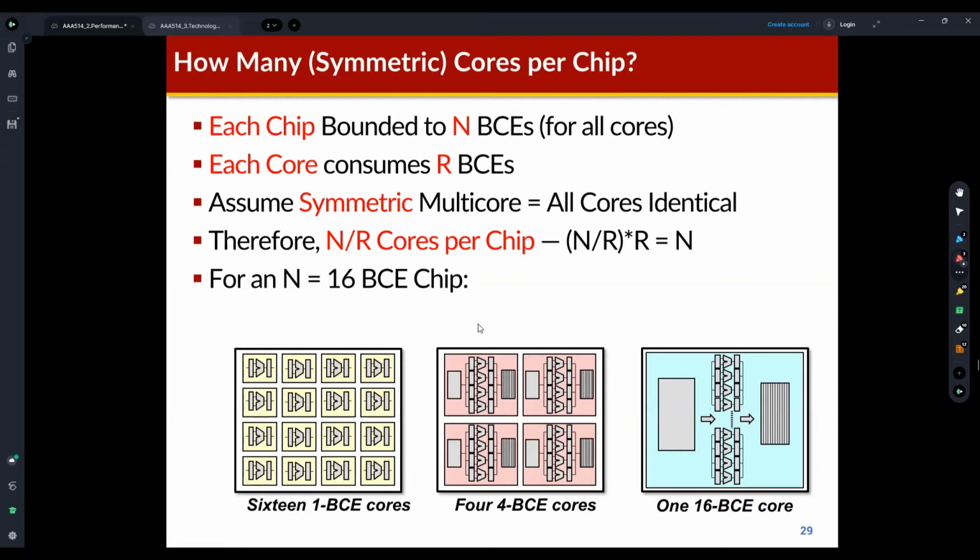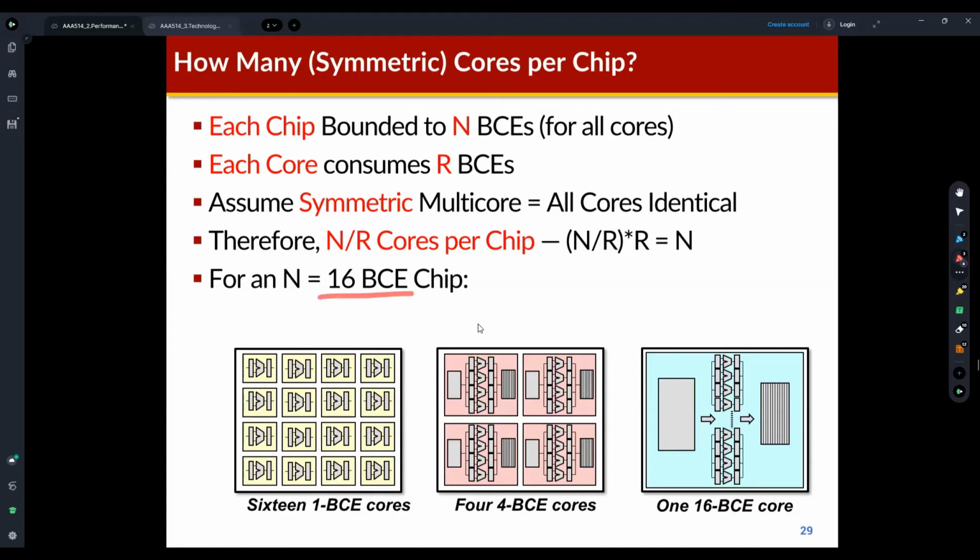It's a fixed area, but we can apply multiple identical cores. Let us assume that the entire resources in a single chip is 16 BCE.